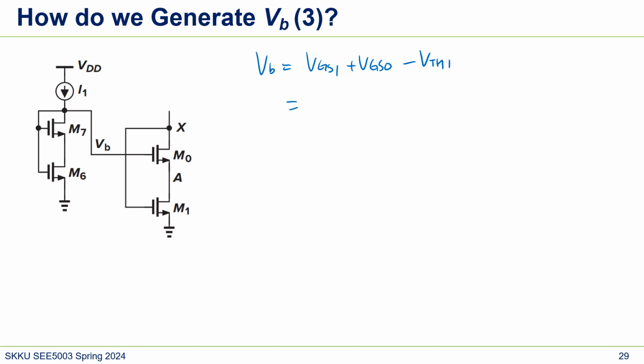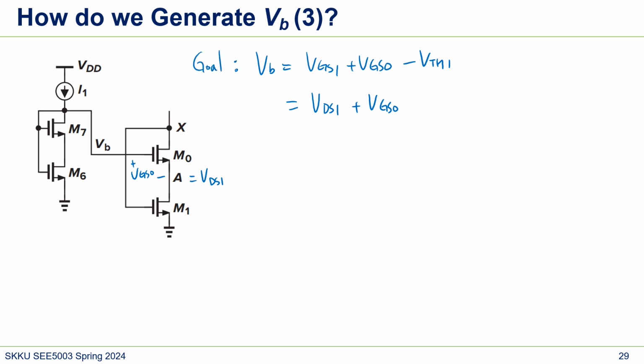But we can also represent it as VDS1 plus VGS0, right? Because this is VDS1, and then you add VGS0. So this is our goal.